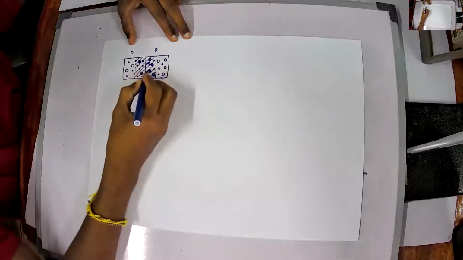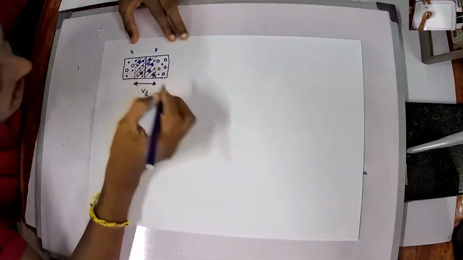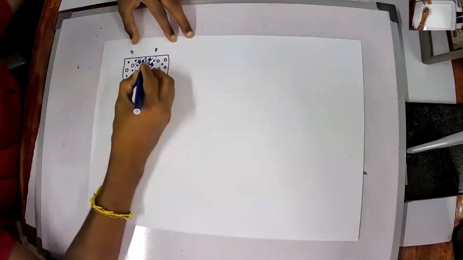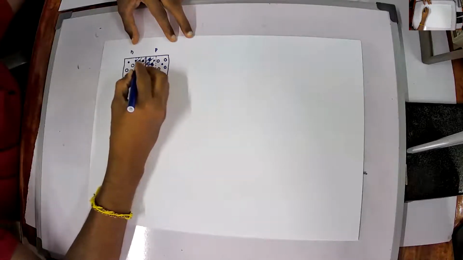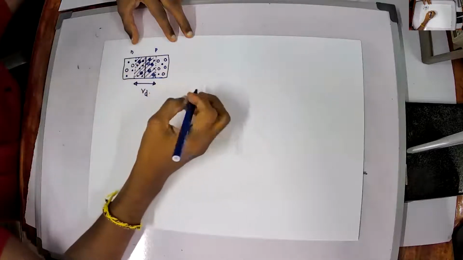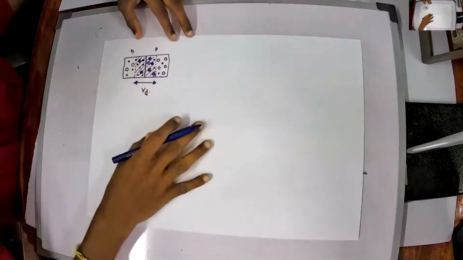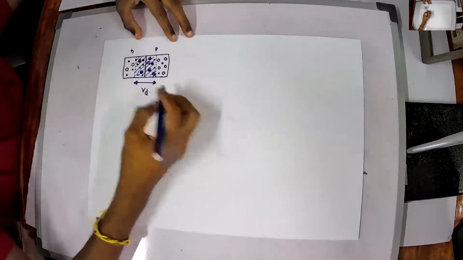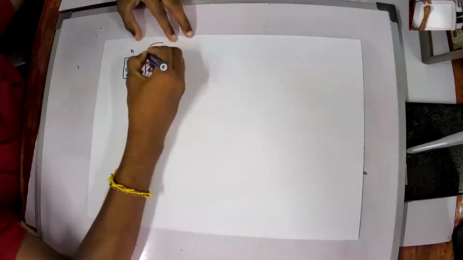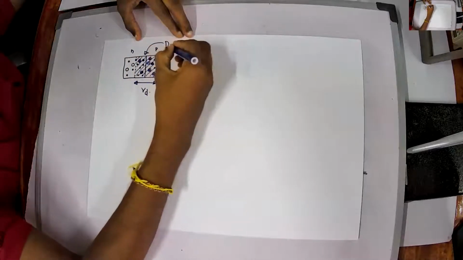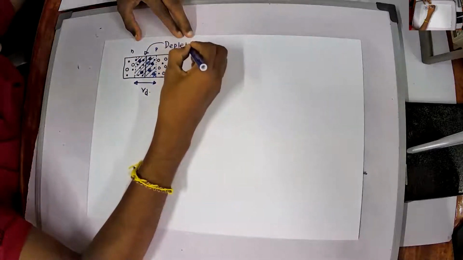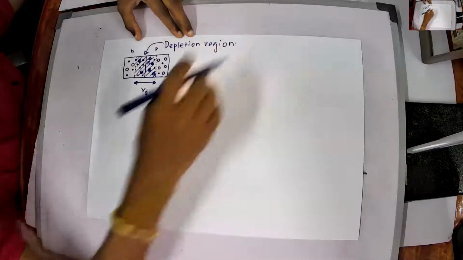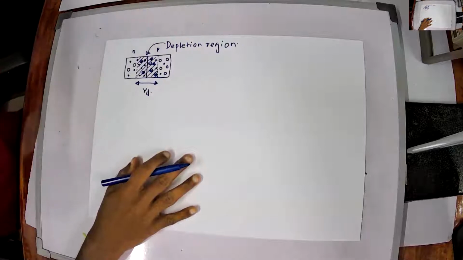All the holes will be recombined with the electrons, and hence they created a negative ion, and the left electrons will create a positive ion on this side. So I could say that the charges have been depleted in this region. So this region can be called a depletion region, a charge depleted region.